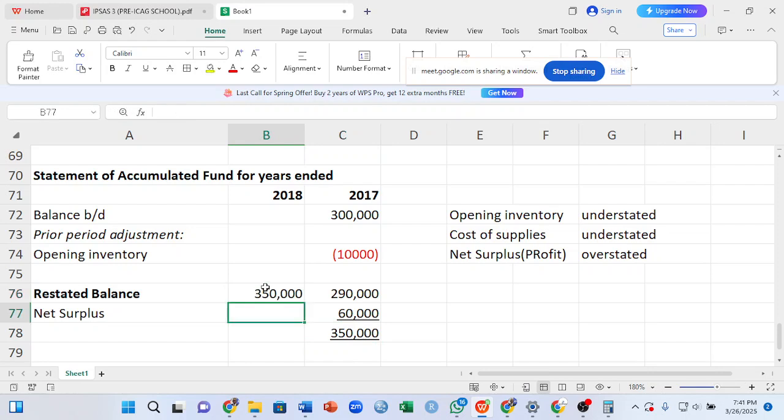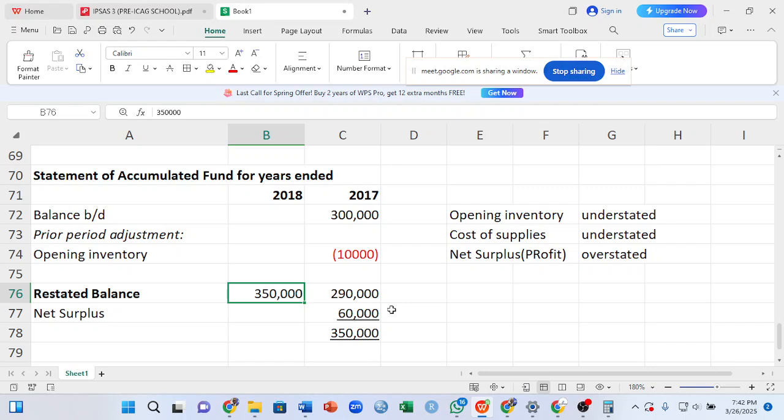We have already corrected the error over here. If you are doing it, you have to show us what should have been the original figure, what should have been the error, and what would have been the restated balance. If you don't do that, then you lose six marks. So we have to go back and do that.